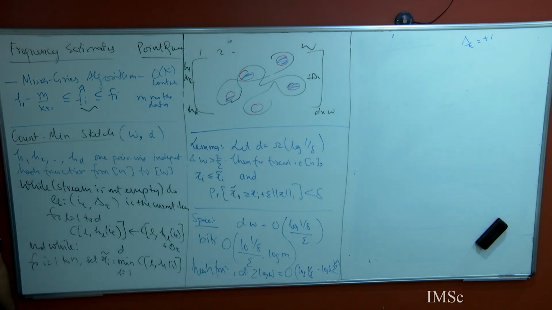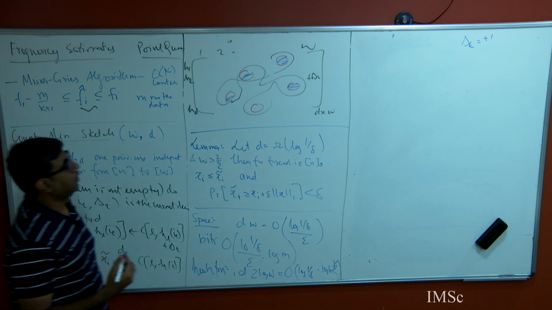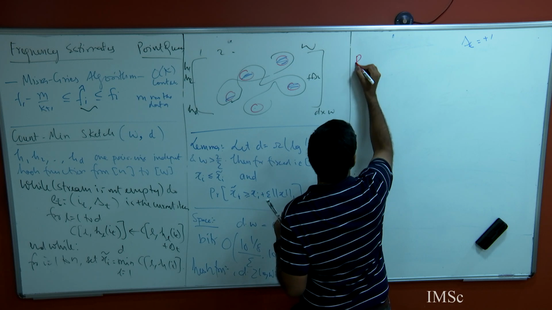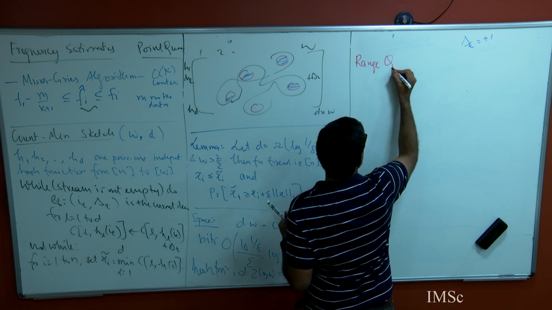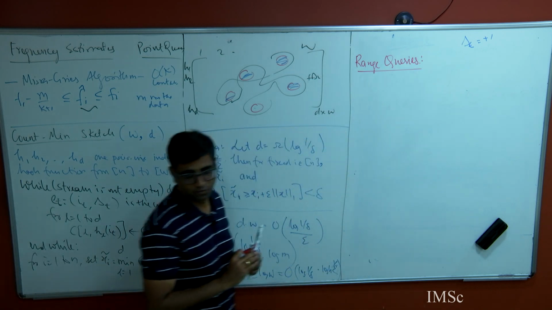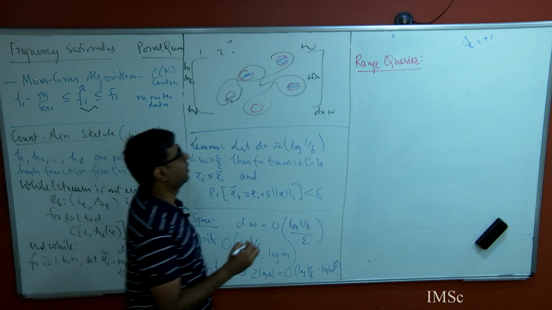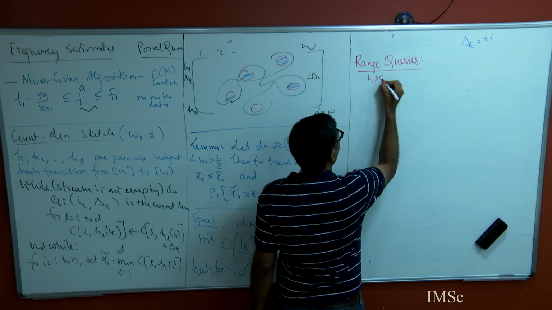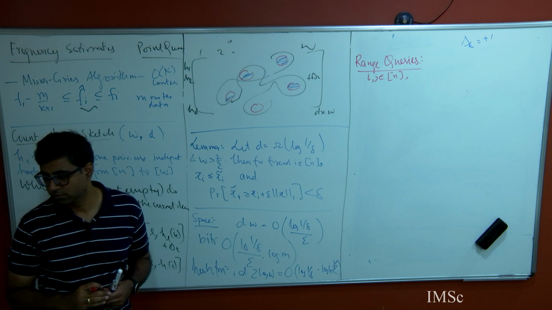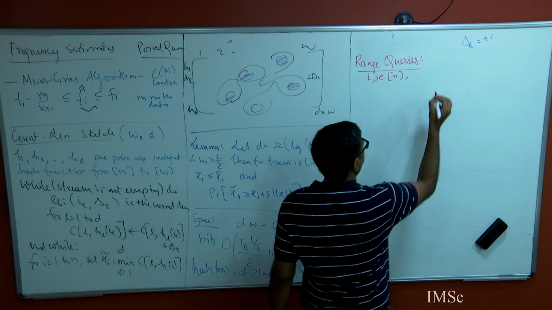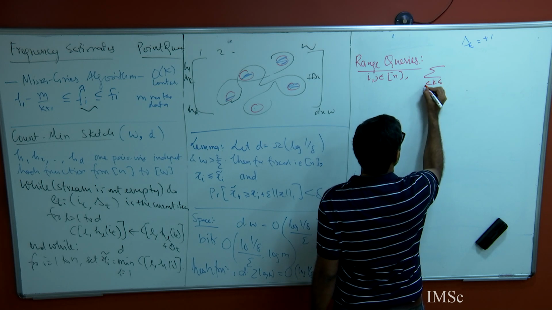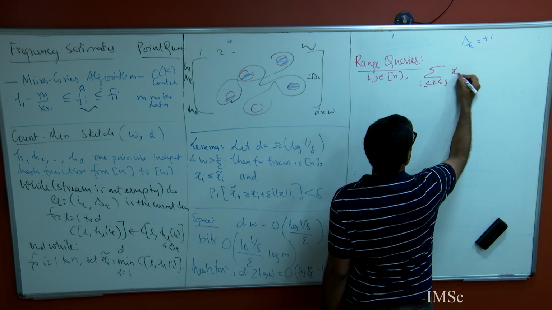But now what are we interested in? Okay, so this is what we are interested in: range queries. What I mean by this is, you're given i comma j in 1 to n, and you need to output the summation over k between i and j of xk.